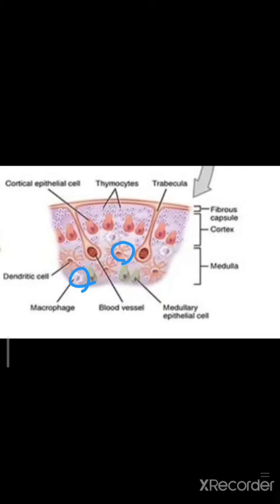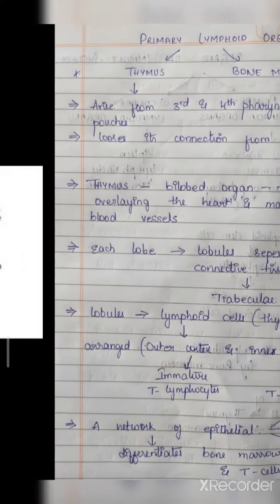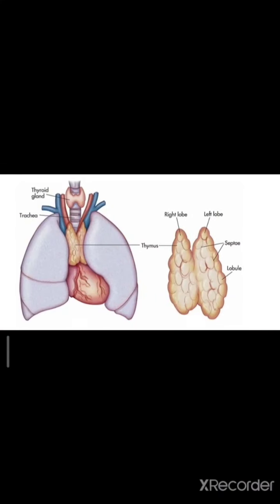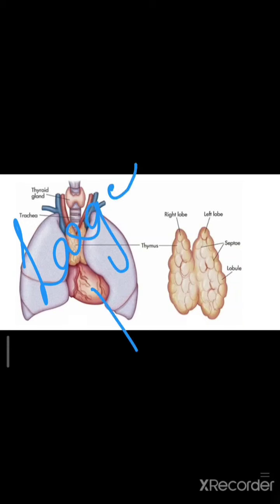If you look at the size of the thymus, it is large during the infant stage. It is very large, and till puberty it keeps increasing.